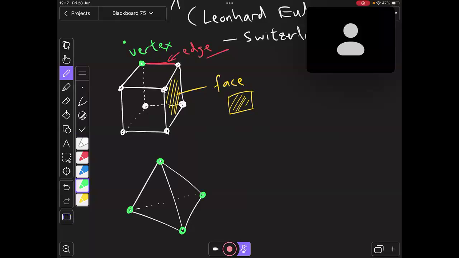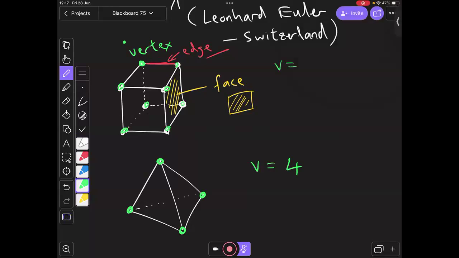Okay. And if we were to count up the number of vertices, how many vertices would you count there? 4, yeah. If we do it for the cube, how many vertices on the cube? 8 vertices. 8, exactly.